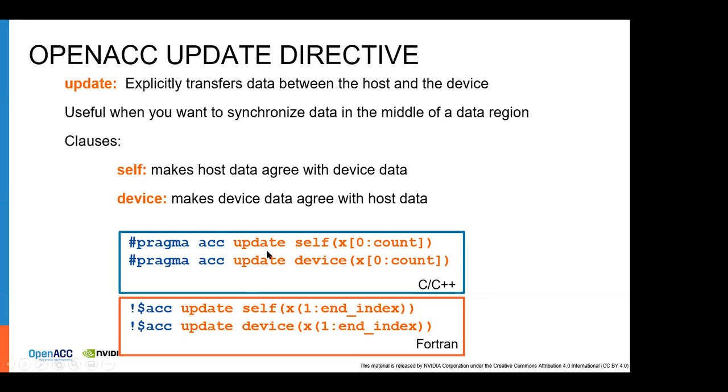Then you do an update self, and an update self will update the array or the arrays. You could give a set of arrays on the host side. And in the same way, if you are doing a CPU computation, you could update an array which is on the device side. This is a way to exchange and synchronize data between the CPU and the GPU.